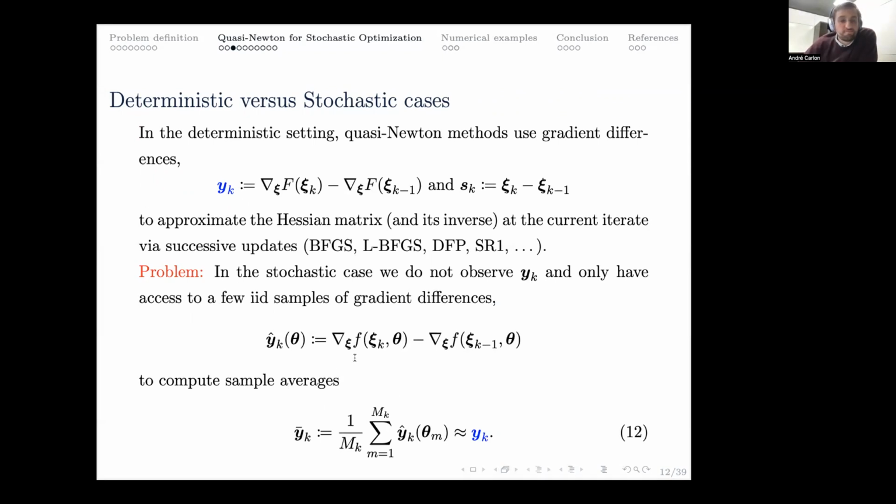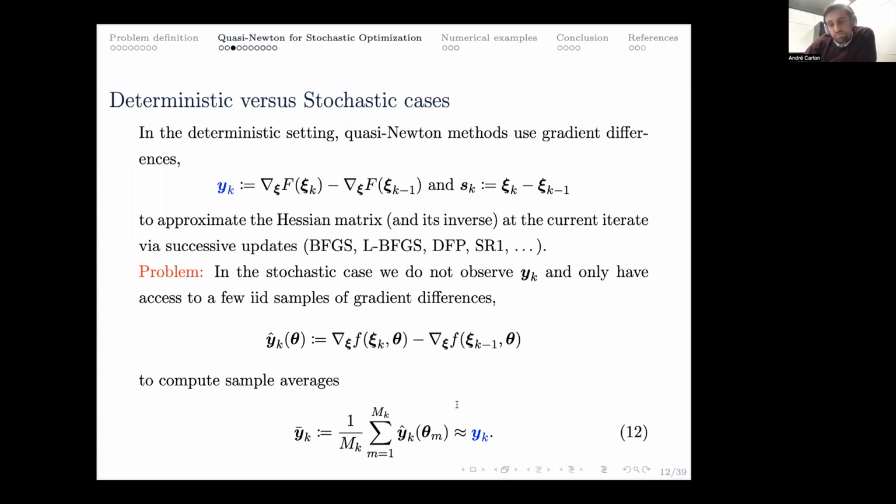Instead, we can only evaluate the gradients of the lowercase f here, which is a function of the random variables theta. So let's define this difference between the gradients evaluated at subsequent iterates, as a function of theta, as y hat. And then we can build a Monte Carlo estimator, y bar, using the y hats that will approximate the true y as m goes to infinity.